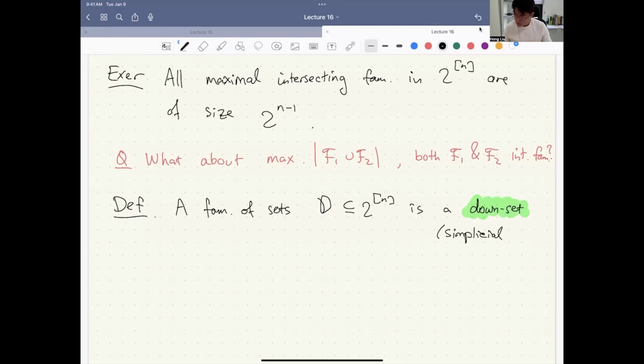Same thing, different name. If it's closed under taking subsets.